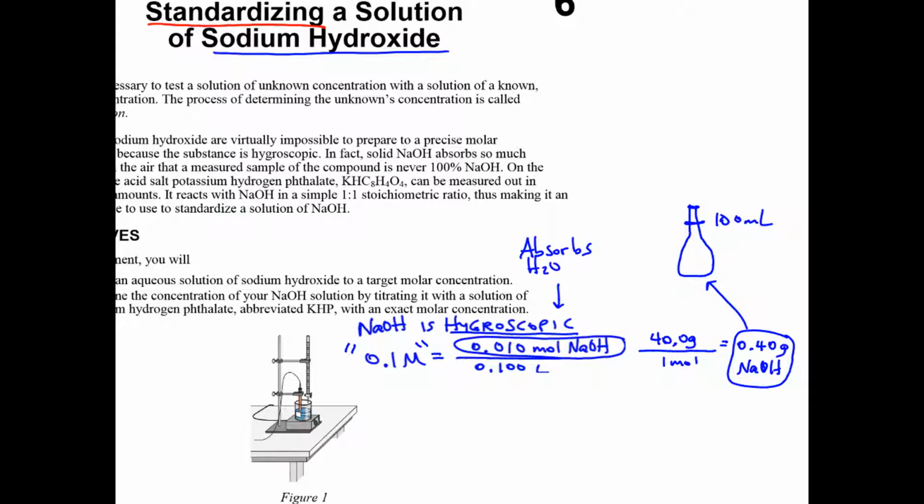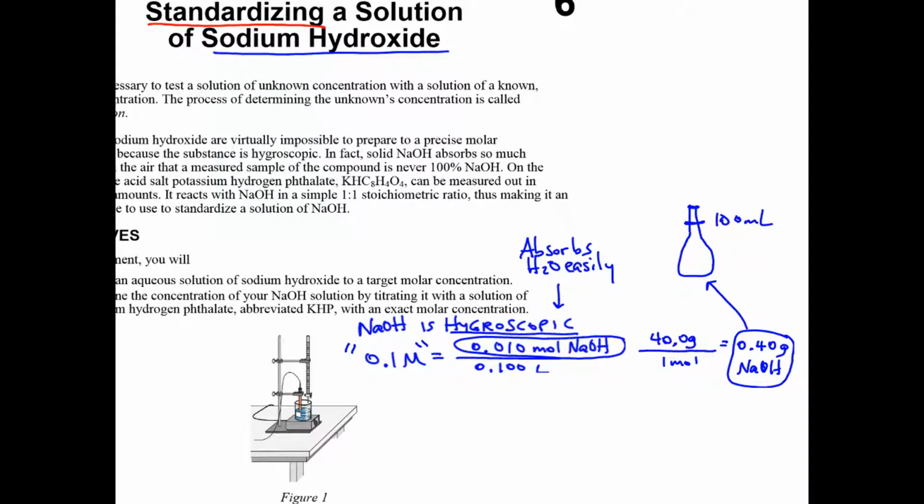So this is going to absorb water very easily, especially from the air, anywhere else. And so this 0.4 grams that you measured of sodium hydroxide is really not 0.4. It's 0.3-something sodium hydroxide, and the rest is going to be water. So you can never make the perfect sodium hydroxide solution.